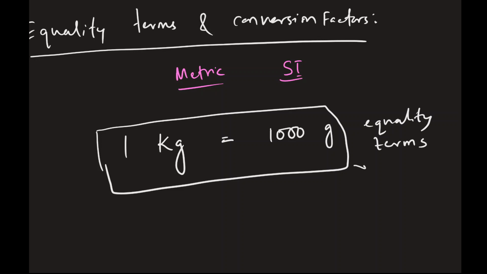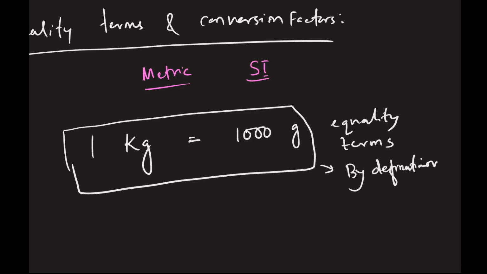And these are by definition. This is the definition of 1 kilogram, which is 1000 grams. Since these are by definition, none of these numbers are counted towards the sig fig.